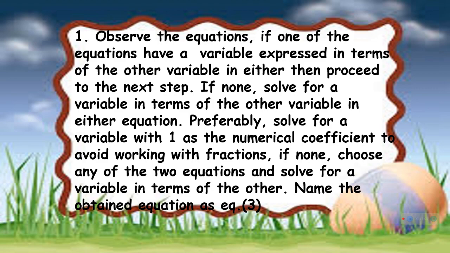But if none, solve for a variable in terms of the other variable in either equation. Preferably, solve for a variable with 1 as the numerical coefficient to avoid working with fractions. If none, choose any of the 2 equations and solve for a variable in terms of the other. Name the obtained equation as equation 3.